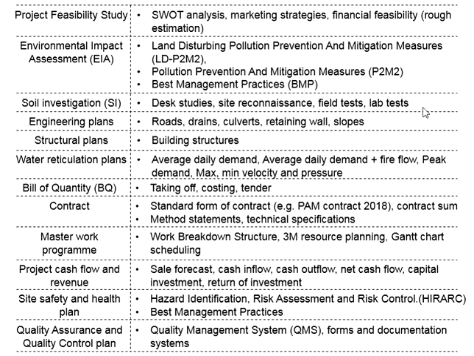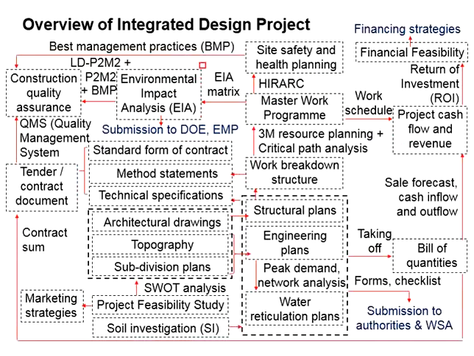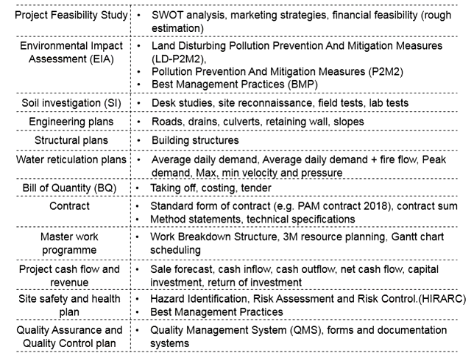The P2M2 refers to the pollution prevention and mitigation measures. On the basis of the evaluation outcome from the EIM matrix, you know the significant impacts as a result of the development, particularly due to the project activities. Now you would like to prevent the pollution as your top priority.